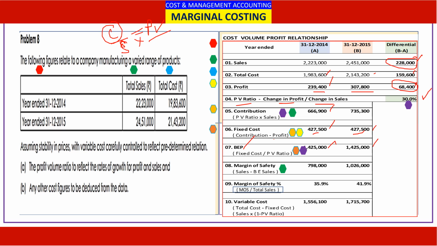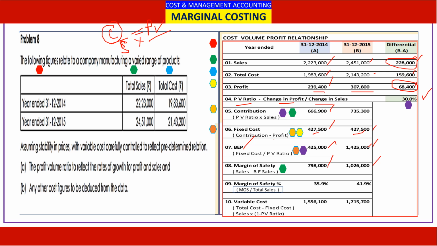Now sales is 2223 and break-even is 1425. 22 lakhs minus 14 lakhs, 7,98,000 is the margin of safety. Similarly, 24.5 lakhs minus 14.25 lakhs is 10,26,000 as margin of safety.